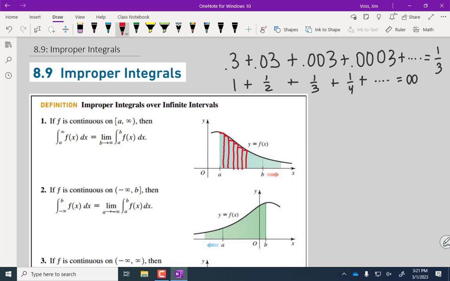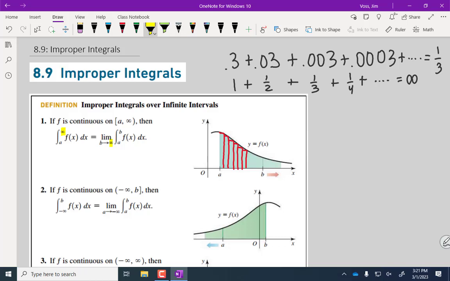That's what improper integration is. You will know that you are dealing with improper integration if you are trying to find the area of an unbounded region. So that region that we're trying to find the area of goes on forever. So it's unbounded.